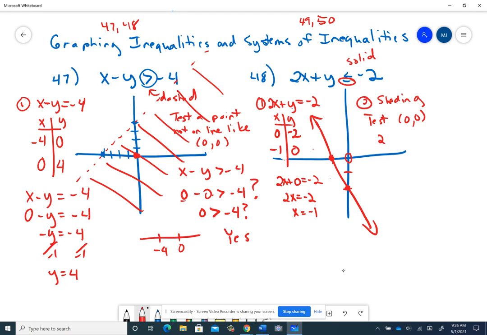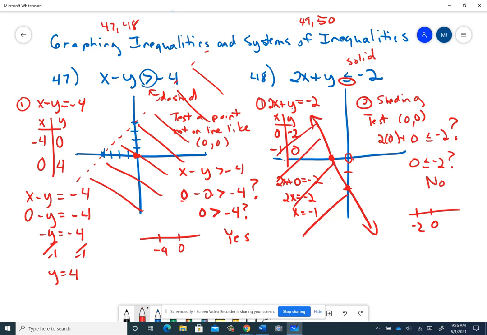I'm going to put in a 0 for the x and a 0 for the y and see if that works. So that's 0 less than or equal to -2. Ooh, the answer to that is no, right? If you looked at it, 0 is bigger. It's more to the right, so the answer would be no. That means I don't shade towards that point, I shade away from it. Okay, so that should be the answer to 48.